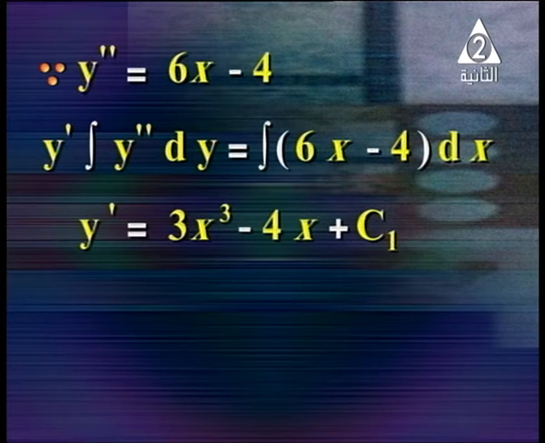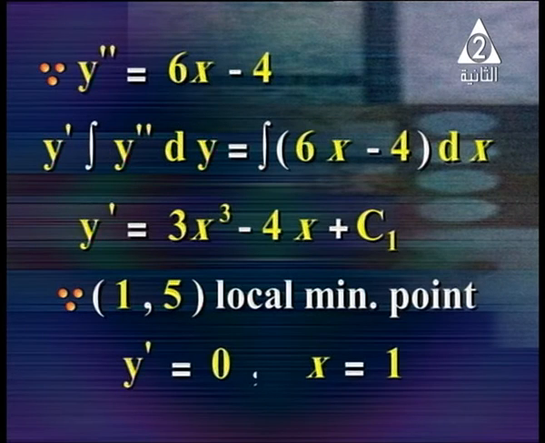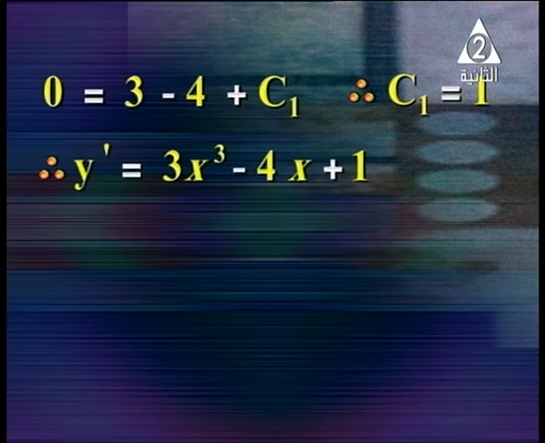y dash equals 3x squared minus 4x plus c1. By using the point 1, 5 as a local minimum point, y dash equals 0 when x equals 1, so c1 equals 1. Then y dash equals 3x squared minus 4x plus 1.